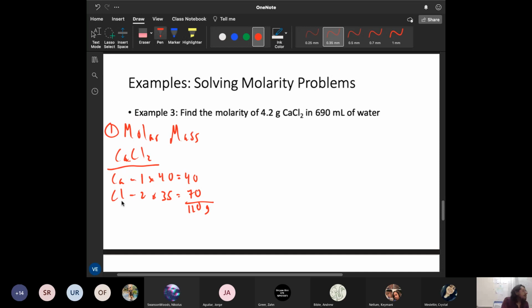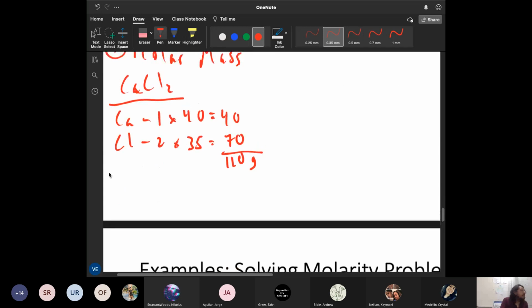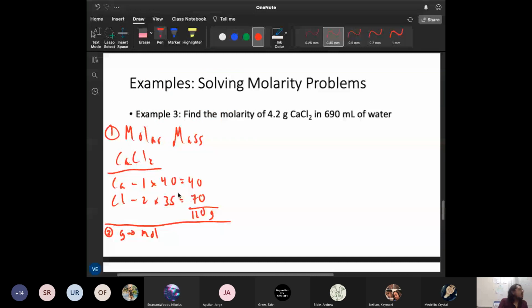I can squeeze it in here. This isn't too bad. So then we go over here to step 2, which is we go from grams to moles. We're simply going to divide 4.2 by the molar mass, which is 110.